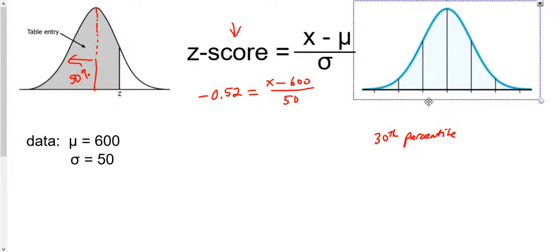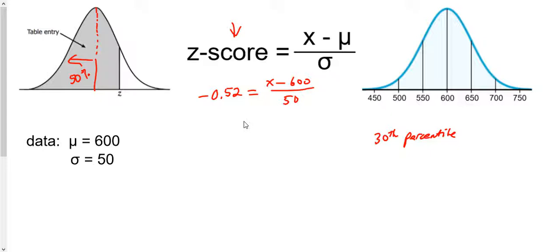To get our x by itself, the first thing we have to do is get rid of this 50 in the denominator. Remember, fraction is division. I'm going to change colors here. We're going to multiply both sides by 50 to counteract that. So these would cancel.